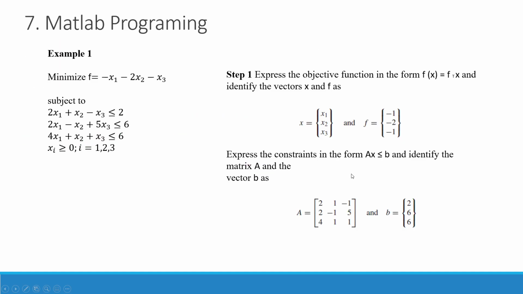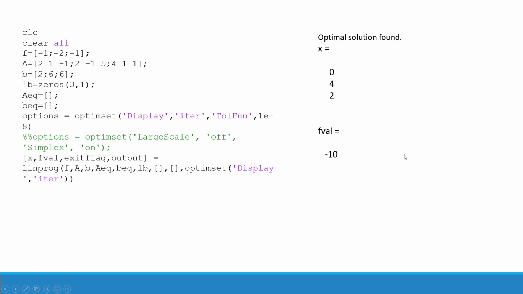In order to solve this, we create a MATLAB program where we put our function, our A matrix, and our b vector, and we are going to get 0, 4, 2. I'm going to show you this in MATLAB.